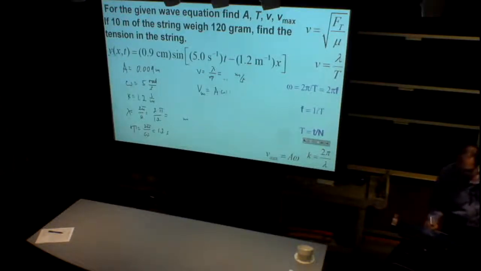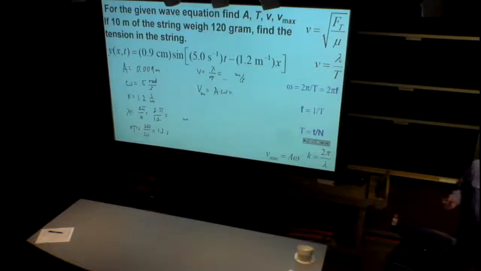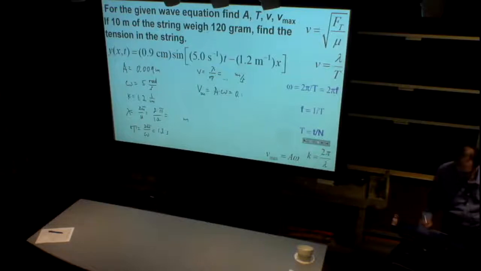And for that, we have to use the amplitude. We just have to keep track of units. We have to use the international system of units, so we have to convert anything not that. So times 5, wherever it is. And I think I have numbers.